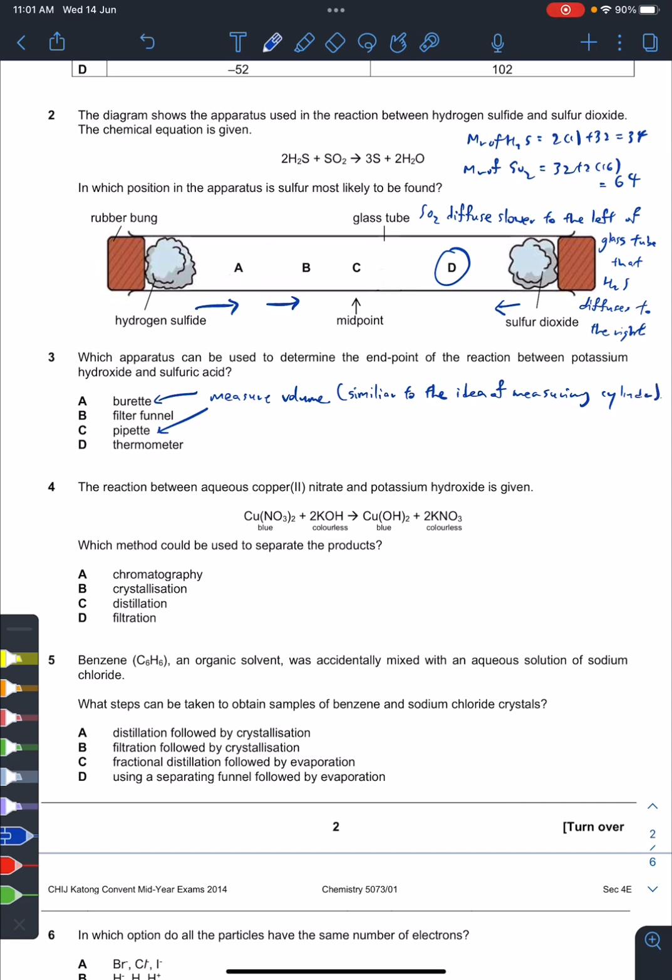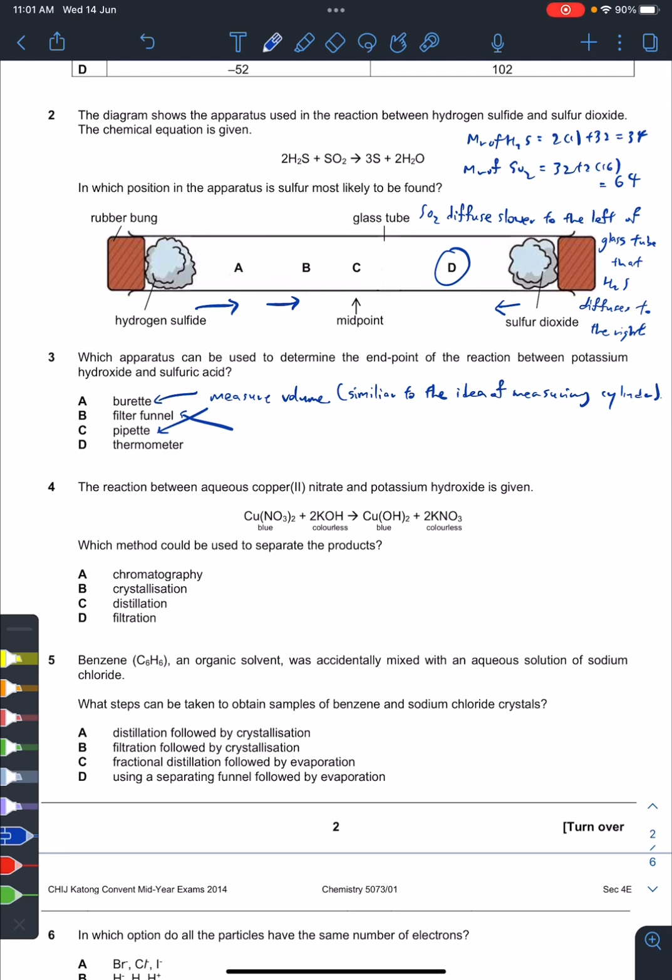You mean I can measure how much volume, which means I know when the reaction ends? This doesn't link that way, because some reactions react very quickly, some react very slowly. I wouldn't be able to know from the volume itself.